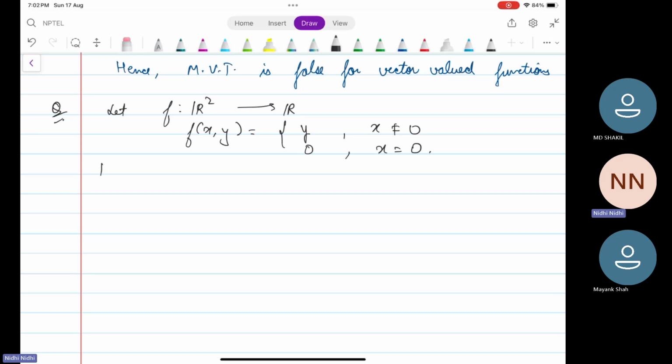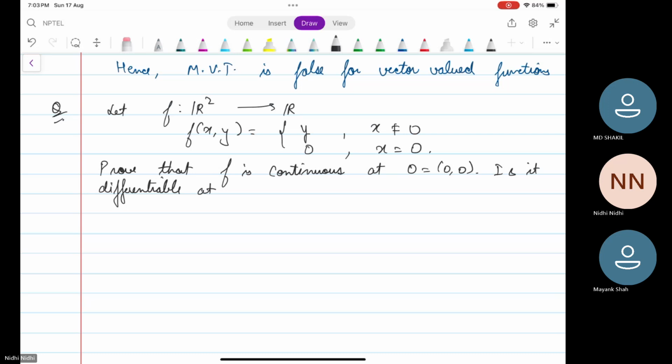Prove that f is continuous at 0. By 0 we mean the tuple (0,0). And then we need to check whether it is differentiable at 0 as well.